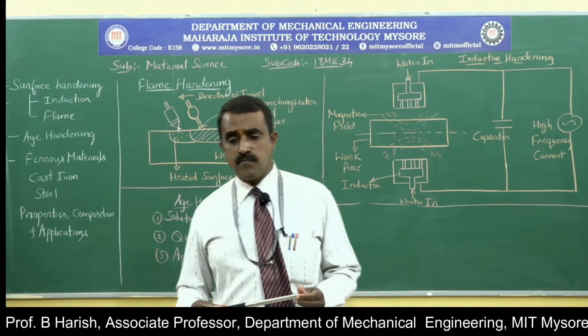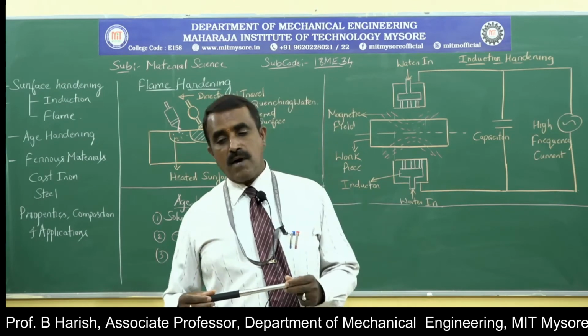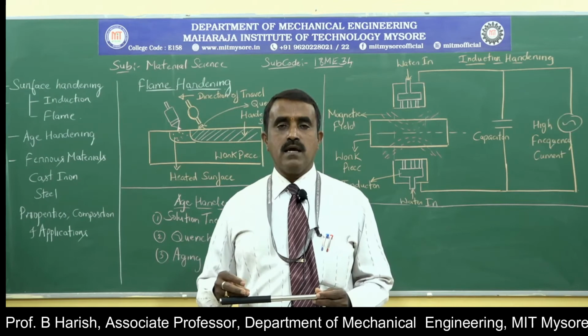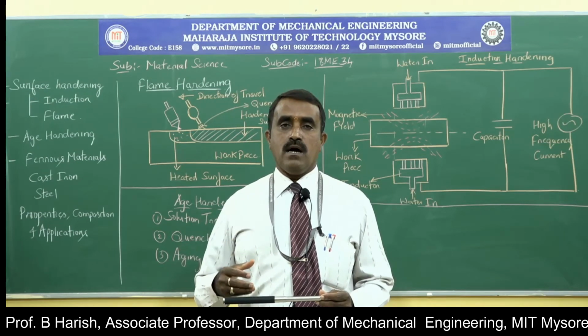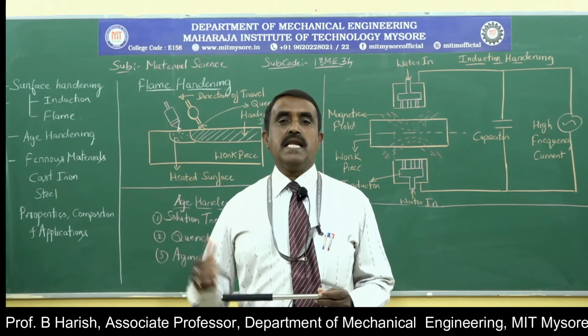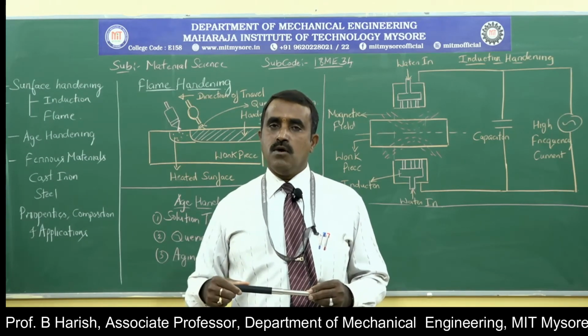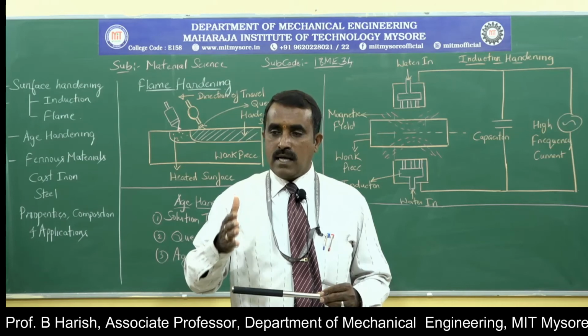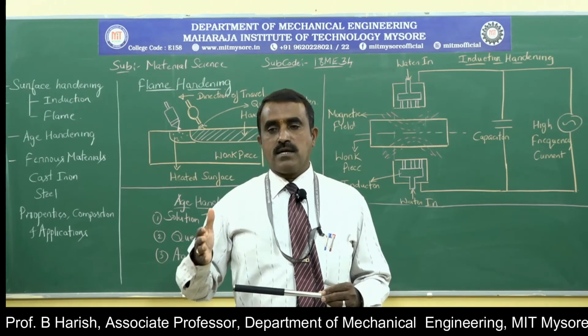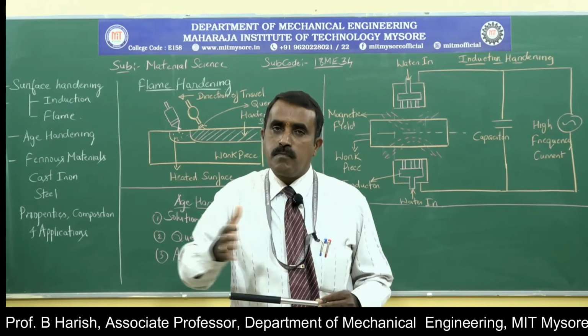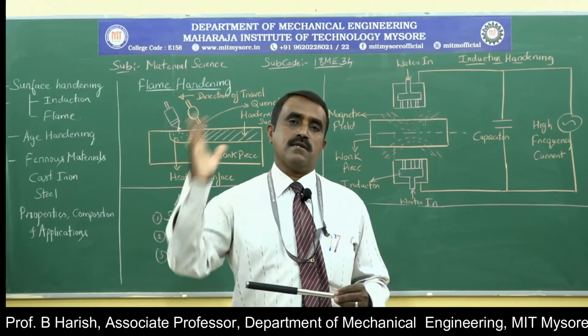So what is age hardening? Some alloys like aluminum zinc, aluminum copper, then copper tin. These are a few of the alloys. When these alloys are kept at a constant low temperature for a long period of time, their hardness is increased.